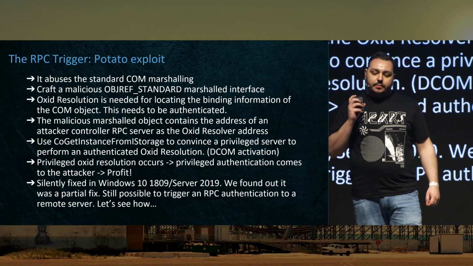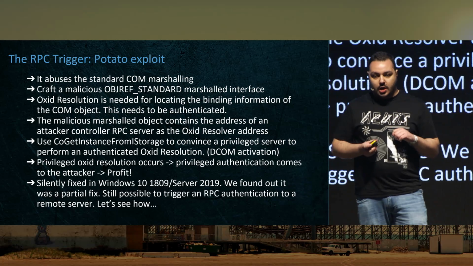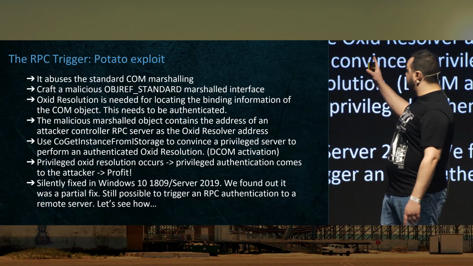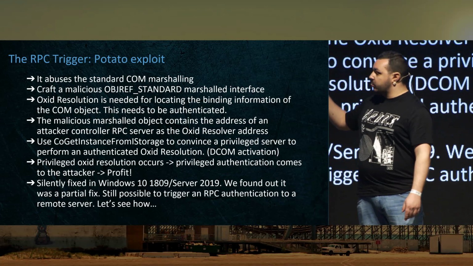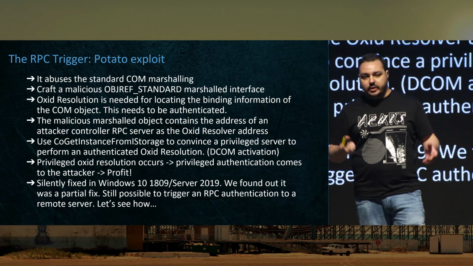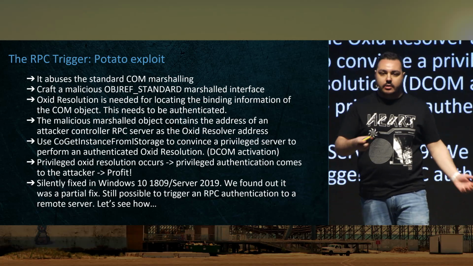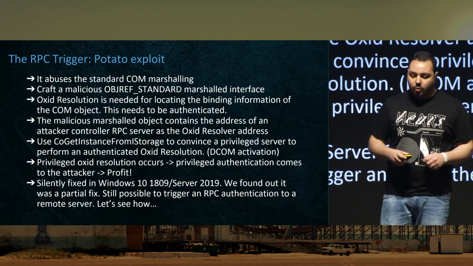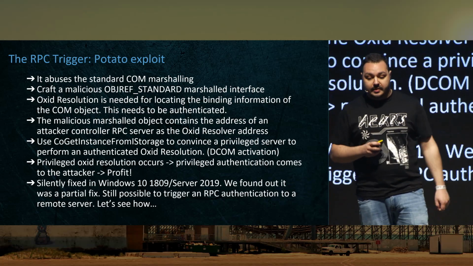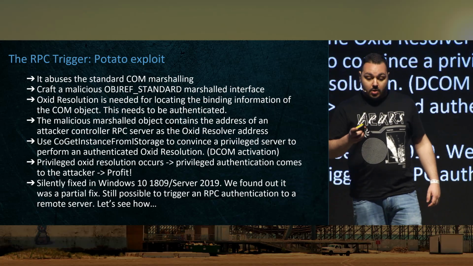What this exploit does is craft a malicious marshaled interface. This OBJREF standard is a particular structure, which I'm going to detail in the next slide, with some raw string bytes. Of course, we fill it with particular values that will allow us to poison some answers that we will see.